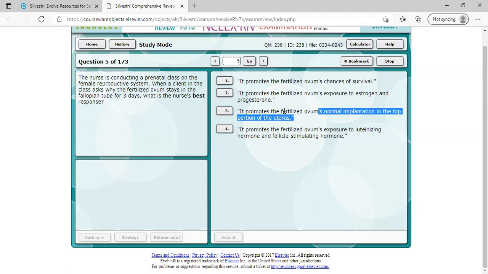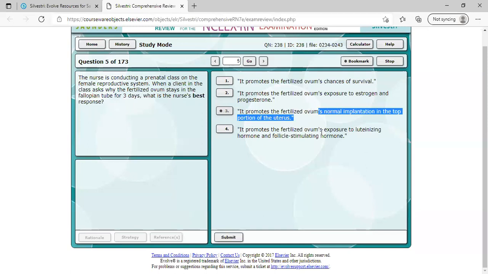They unite, and then implantation occurs in the fundus of the uterus, right? They need some preparation, and it is normal physiology. They promote the fertilized ova's normal implantation in the top portion of the fundus. So the good choice is this.